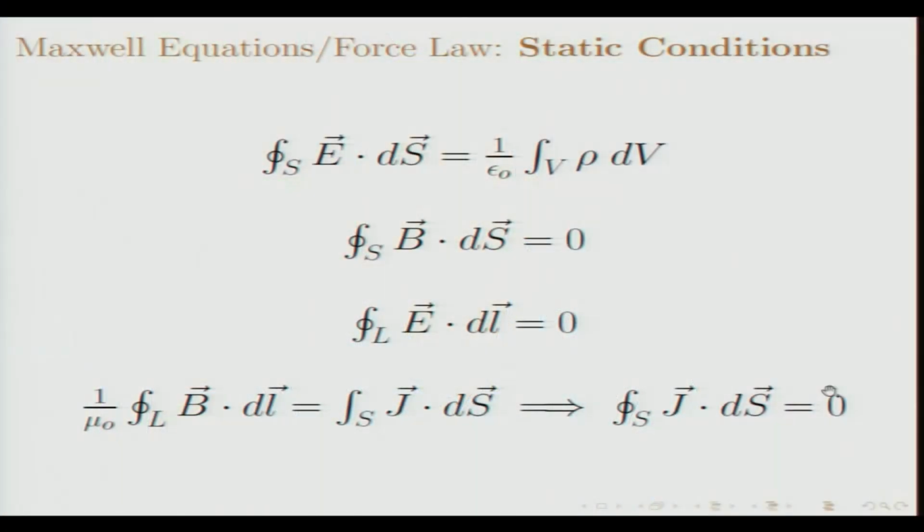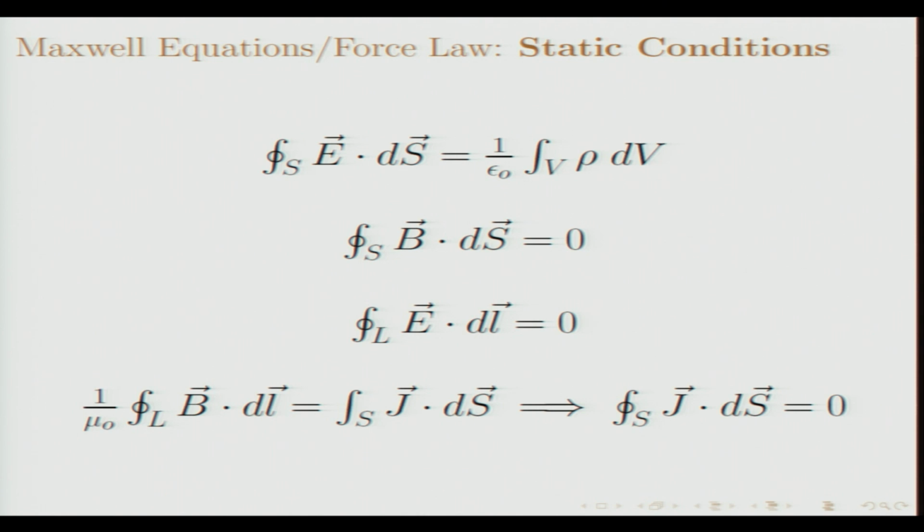That in a static scenario cannot happen. So, one of the important things in a static situation is that the charge is also constant in space. It also means that the flux of the current is equal to 0, there is no charge buildup anywhere. So, this is Maxwell's equations under static conditions.